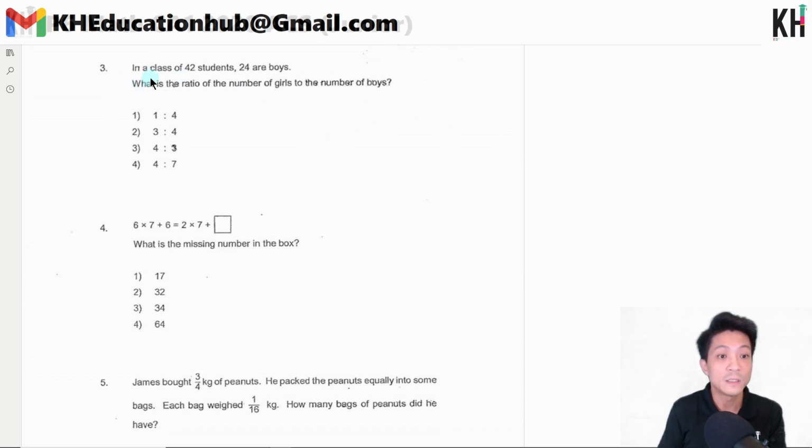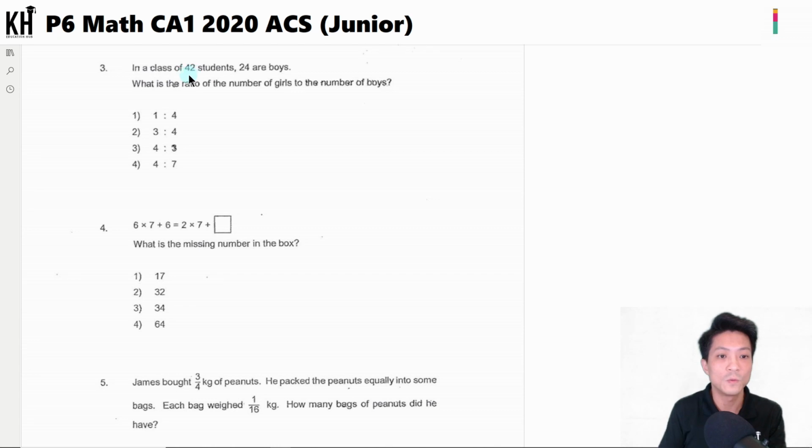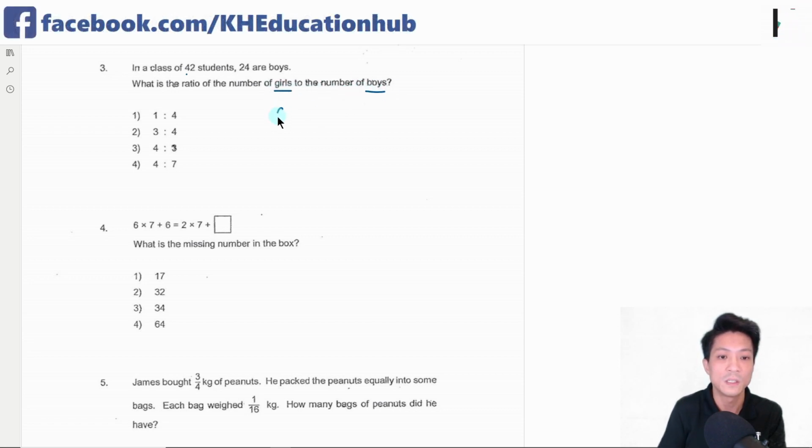Question 3. In the class of 42 students, 24 are boys. What is the ratio of the number of girls to the number of boys? So they want the ratio of the number of girls to the number of boys. We know that boys there are 24.